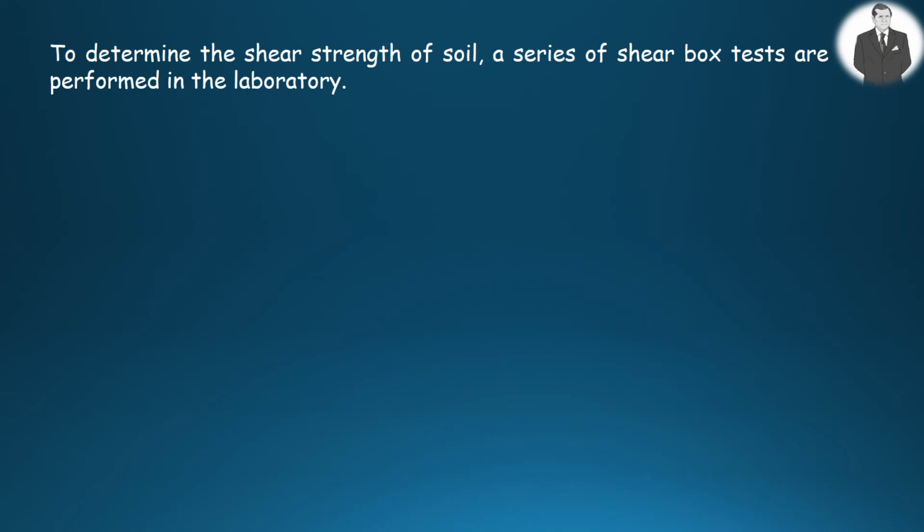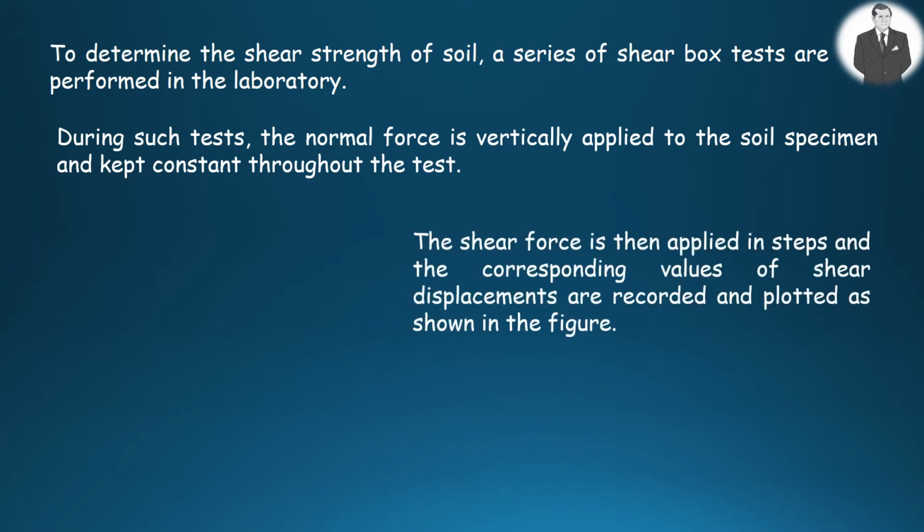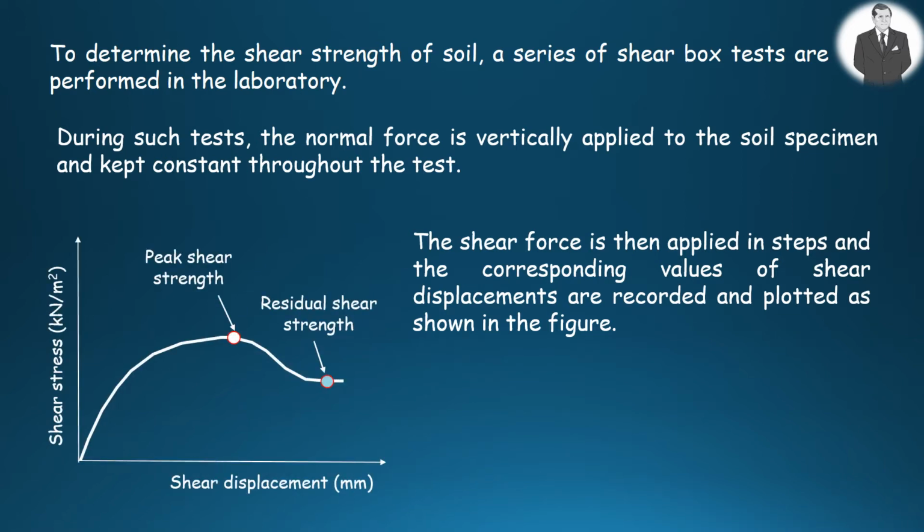In order to determine the shear strength of soil, a series of shear box tests are carried out in the laboratory. During these tests, the normal force is vertically applied to the soil specimen, as mentioned earlier, and kept constant throughout the test. The shear force is then applied in steps, and the corresponding values of shear strains are recorded and plotted as shown in the figure here.